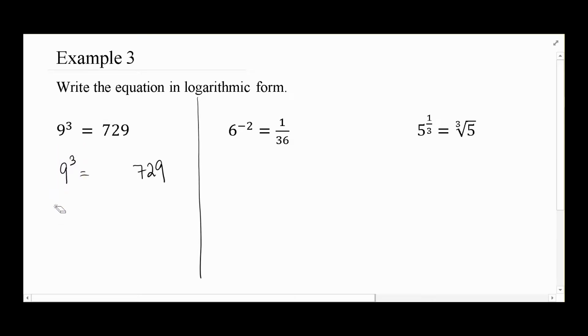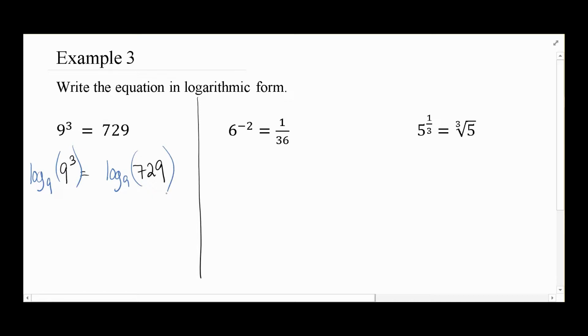That means the base of the exponential in the problem is 9. So the logarithm that makes the most sense to introduce is a base 9 logarithm. I want to undo the base 9 exponential by applying a log base 9 logarithm to both sides.